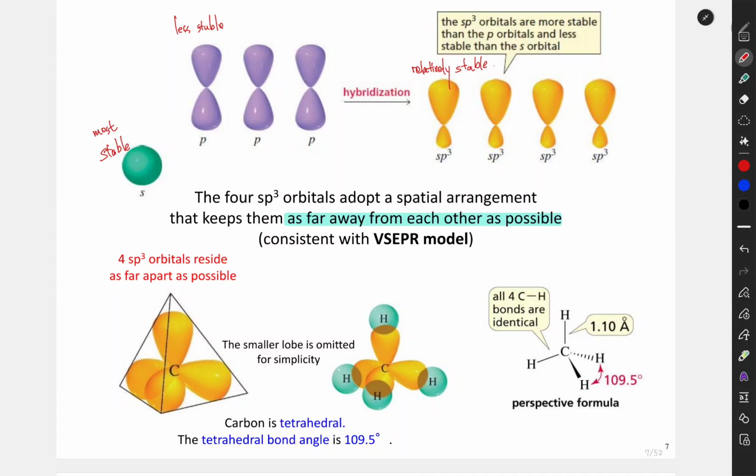So that's how the four sp3 orbitals locate around this central element, the carbon. In this presentation, the smaller lobe is omitted.